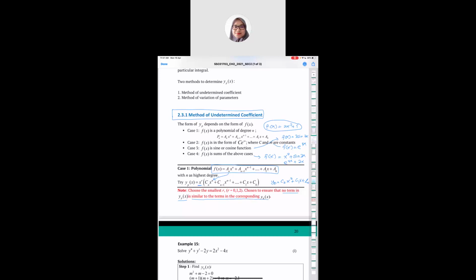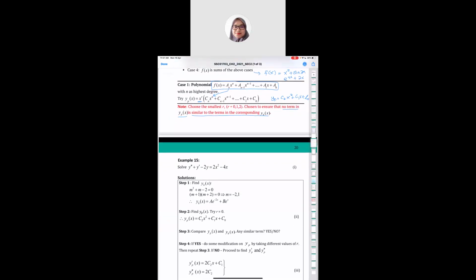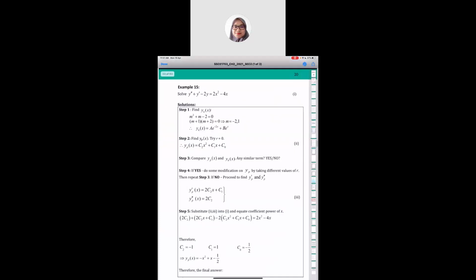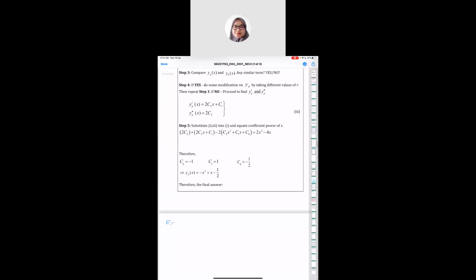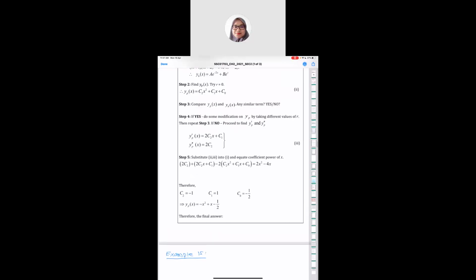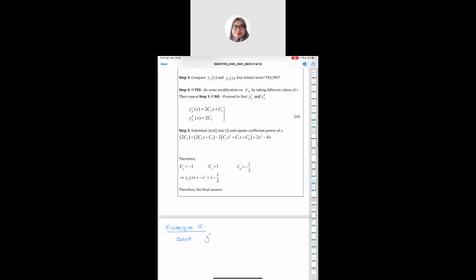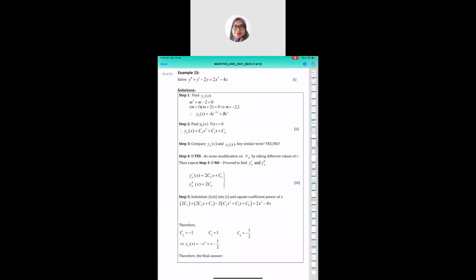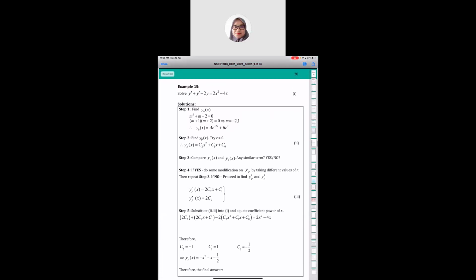So kita tengok contoh. Saya tulis satu-satu lah kat sini. Example 15. So solve y double prime plus y prime minus 2y equal to 2x squared minus 4x.